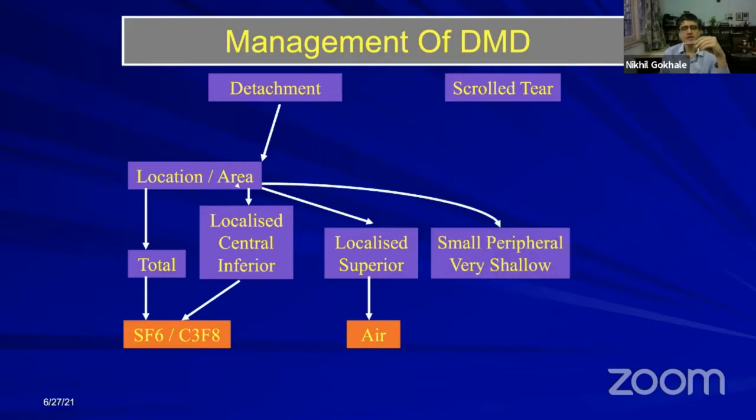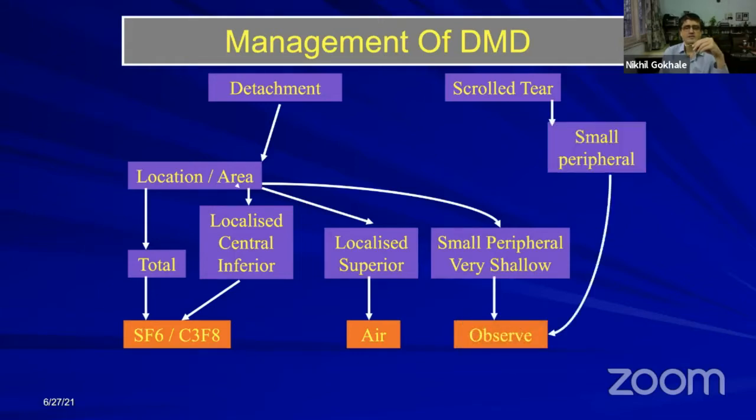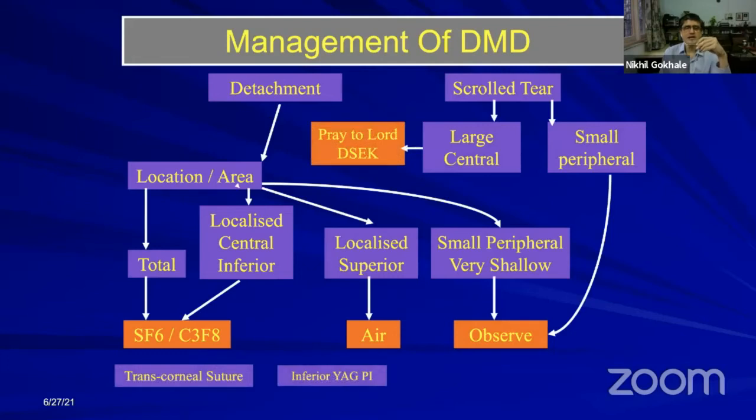A small peripheral detachment or a very shallow detachment can be left alone because they may usually reattach on their own. Similarly, if you have a scroll tear in the periphery, it's best to observe them. A large central scroll tear is a very difficult situation, and in some situations, you might have to do an endothelial keratoplasty. Transcorneal suturing and EAC-TI are other modalities that might sometimes be required.